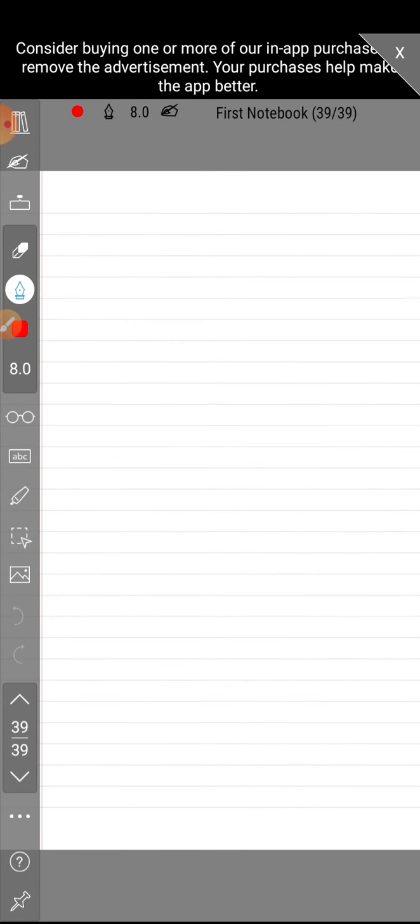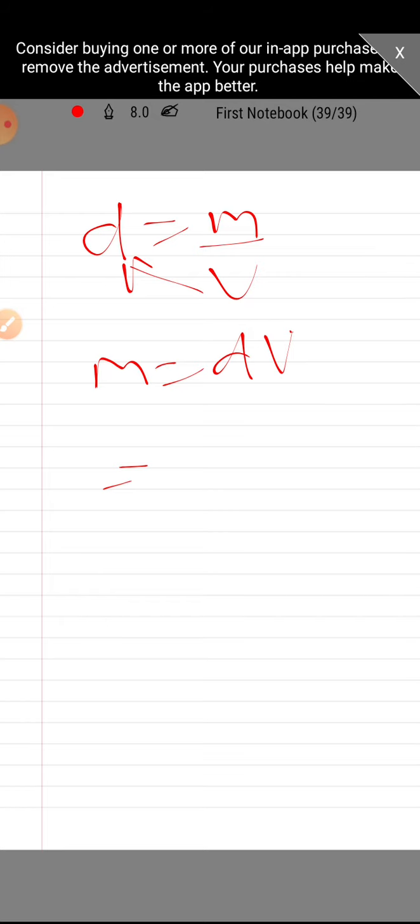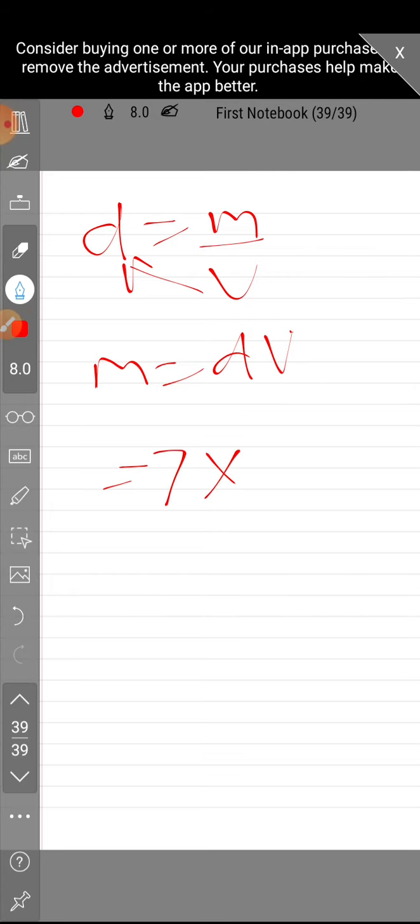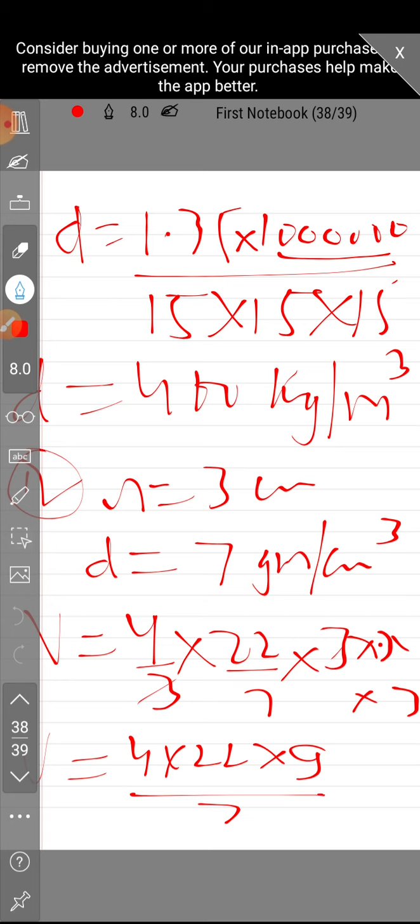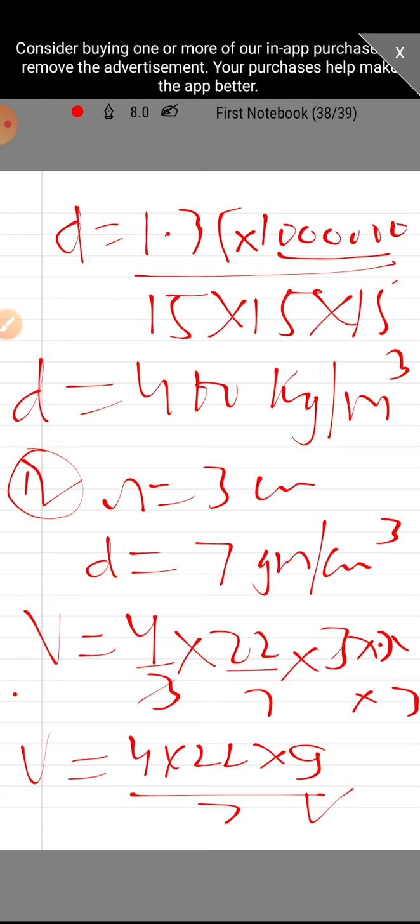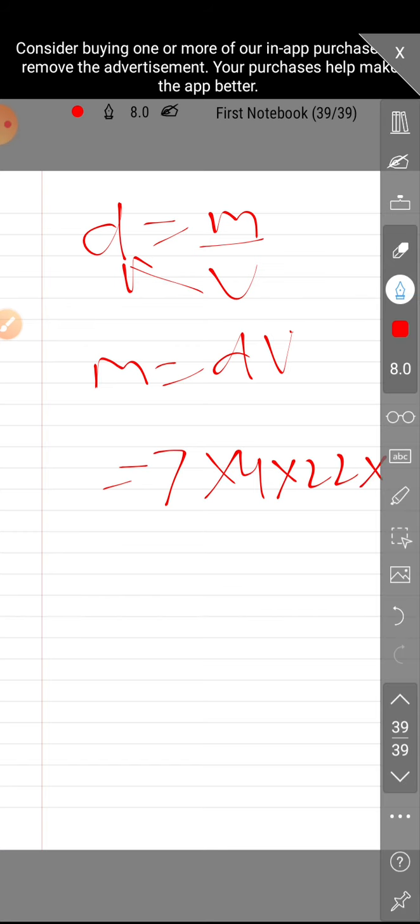So just cross multiply. So mass is equals to density into volume. So density is 7 and volume is given by this. This is your volume. So I will write 4 into 22 into 9.